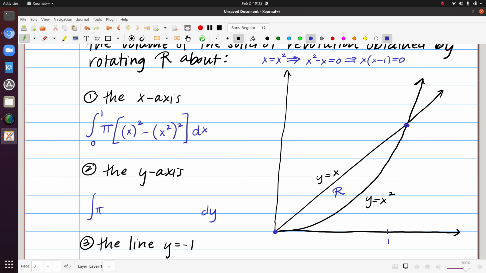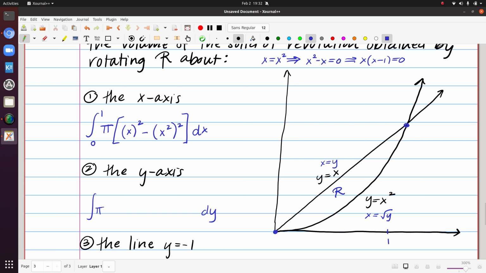These functions are currently expressed as functions of x. However, I can quickly change that around. So if y is equal to x, we can write that as x is equal to y. And y is equal to x squared, we can say that x is equal to square root of y. Again, I only need to consider the positive portion because we're in the first quadrant.